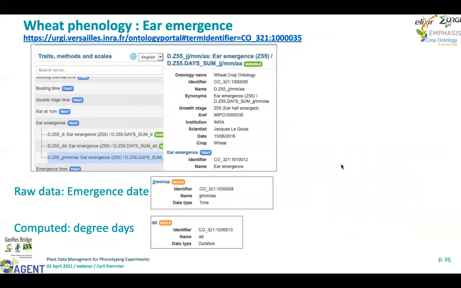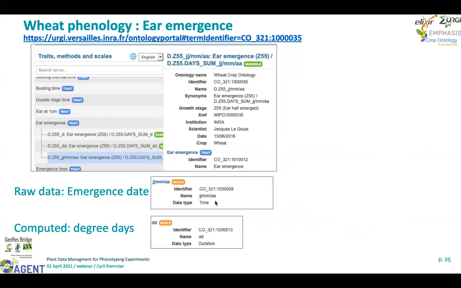Then another example I'd like to give you is the ear emergence in the wheat phenology category. Once again, for the trait ear emergence, you've got three different variables. For instance, you have one variable for the raw data, which is the emergence date.